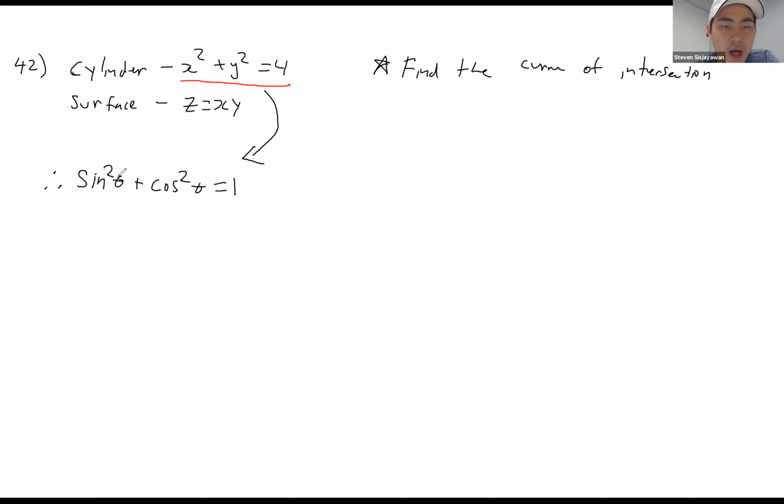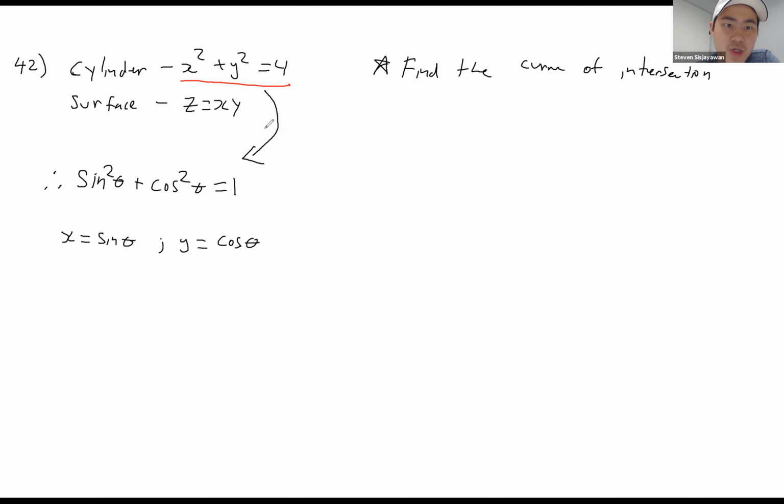Looking back at this question, we see that we have x squared plus y squared equal to a constant. And so we can basically substitute x as sine theta, y as cos theta, right?